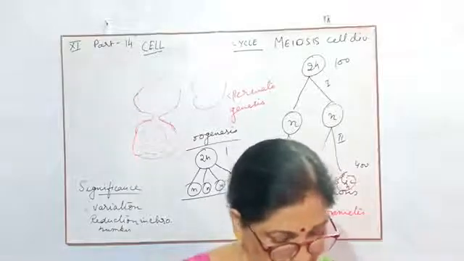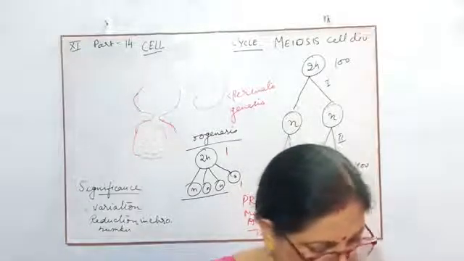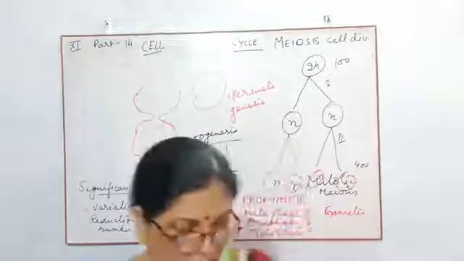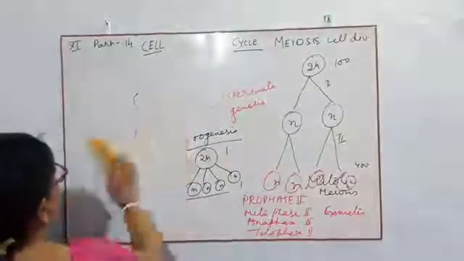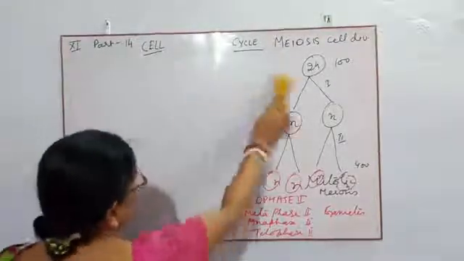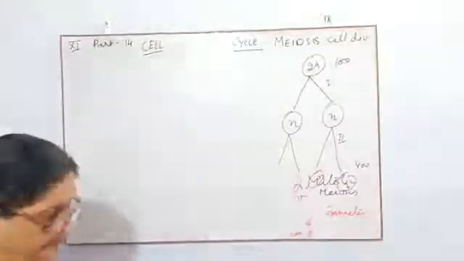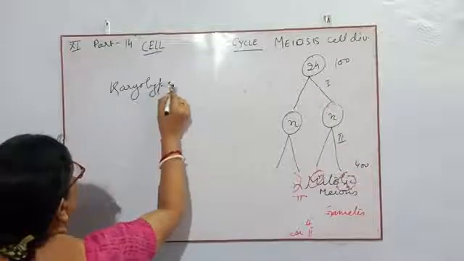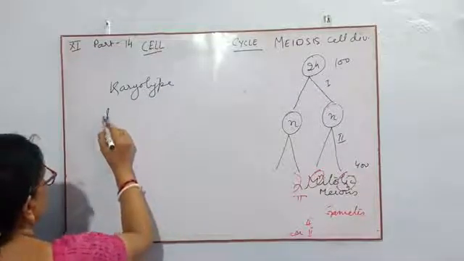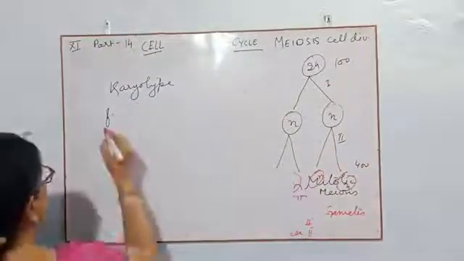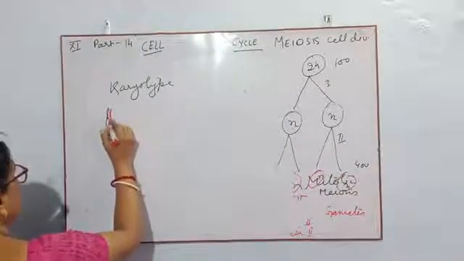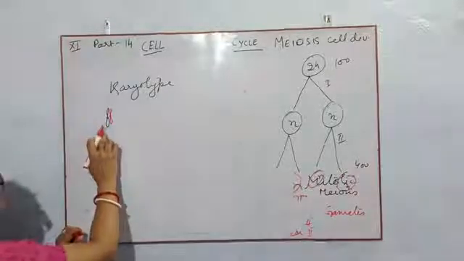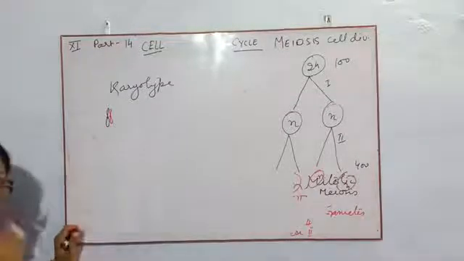Now children, lastly, one thing, that is karyotype analysis. Do you know what is karyotype? Karyotype is the combination of one chromosome from the paternal side and one chromosome from the maternal side.